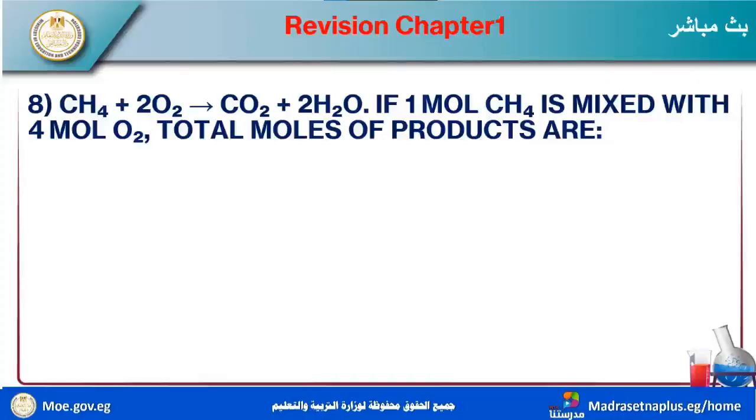These problems depend on the experience you have in balancing equations and stoichiometry calculations. CH4 plus 2O2 produces CO2 plus 2H2O. If 1 mole of CH4 is mixed with 4 moles of oxygen, 1 mole needs only 2 moles.